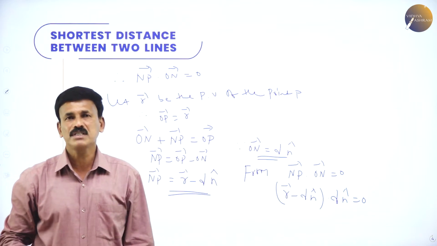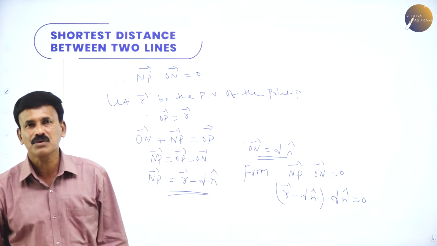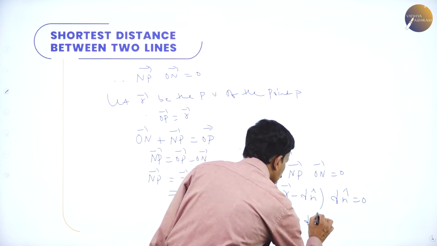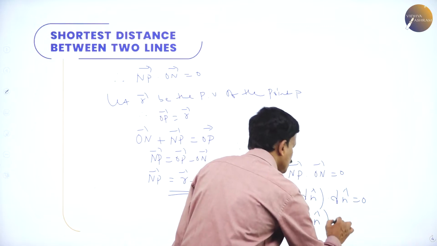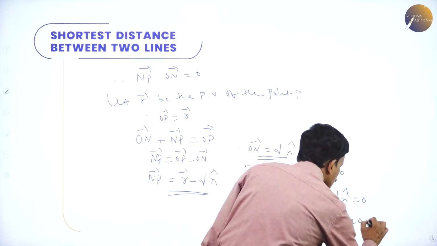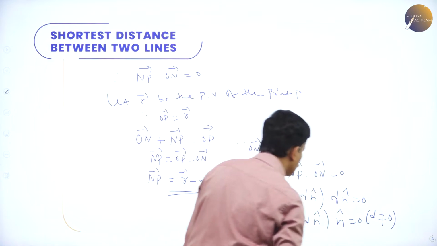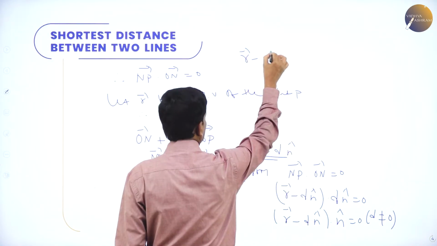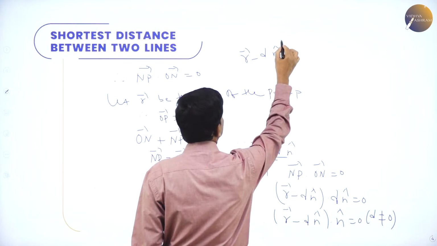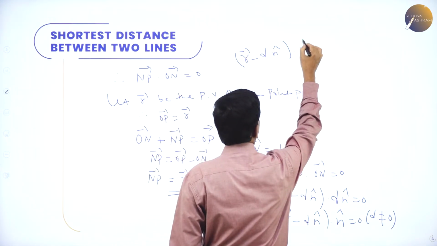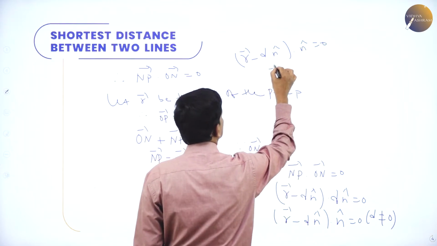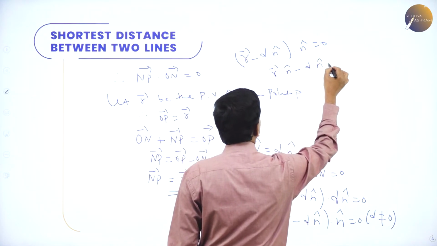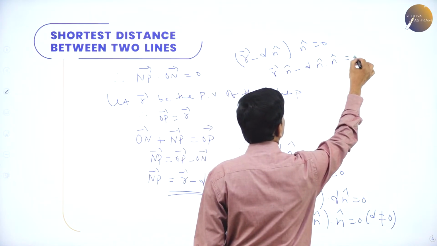Simplify this, and you will get the equation of the plane in the normal form. This can be written as R minus D into N cap dot N cap is equal to 0, since D is not equal to 0. So R dot N cap minus D into N cap dot N cap is equal to 0.